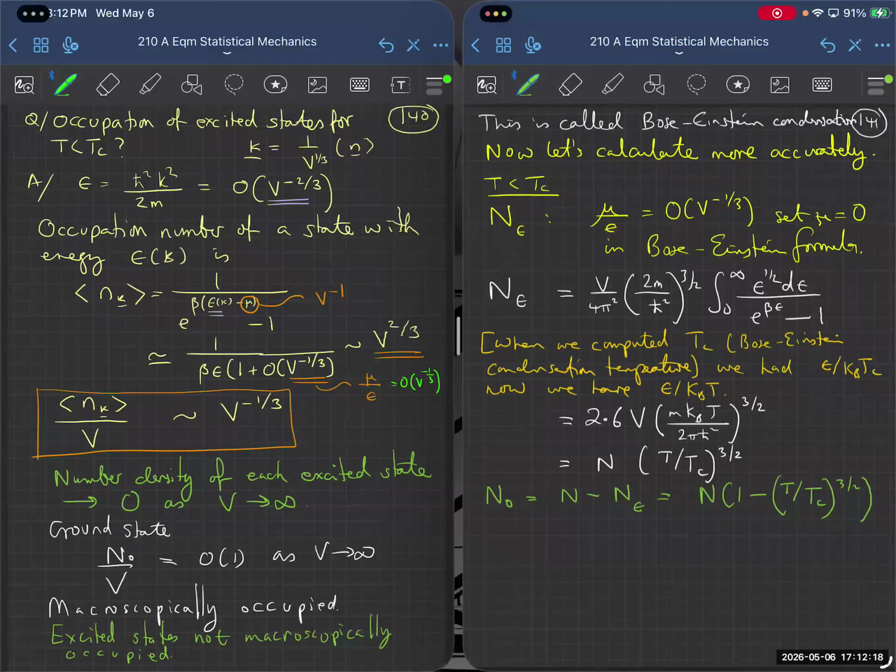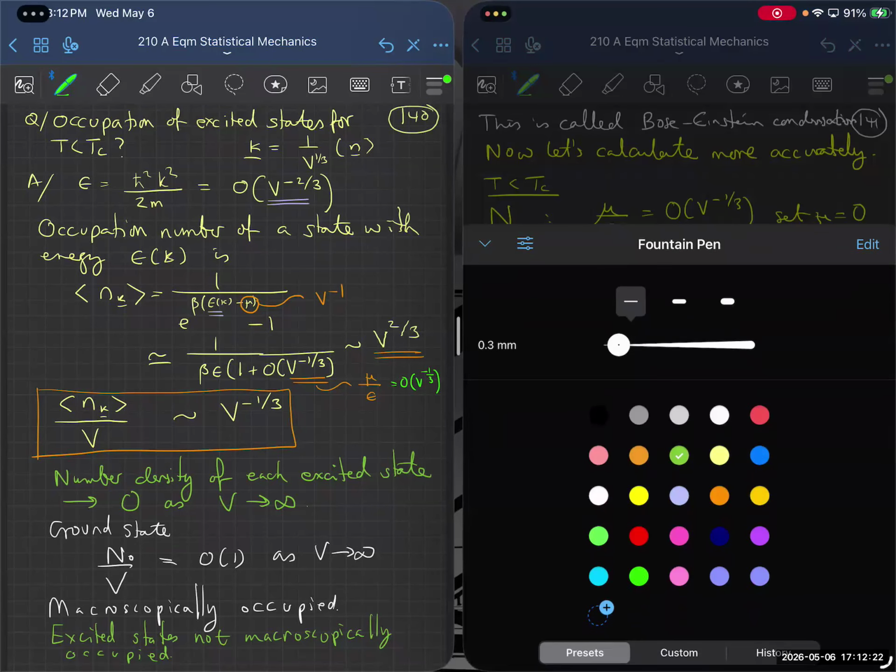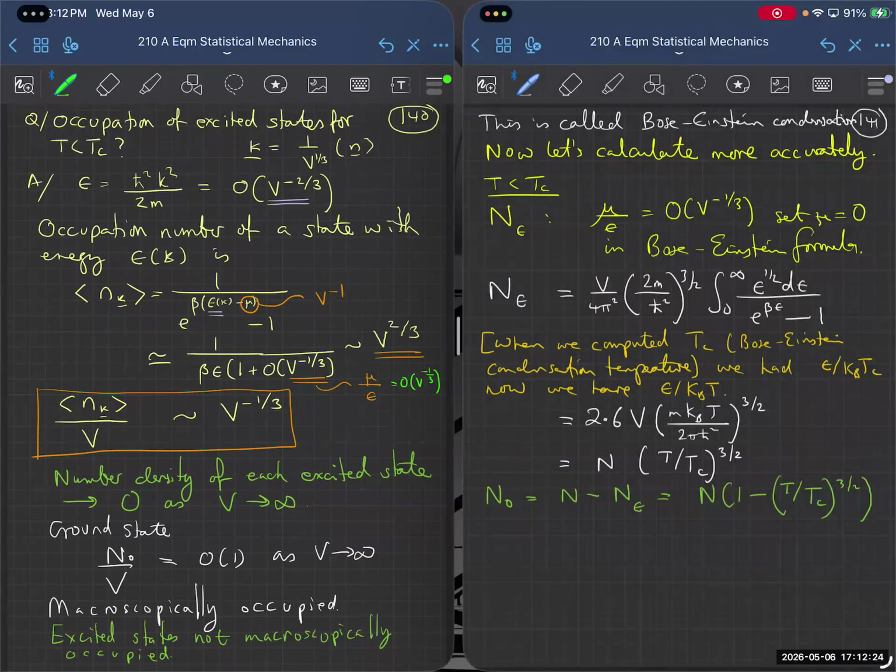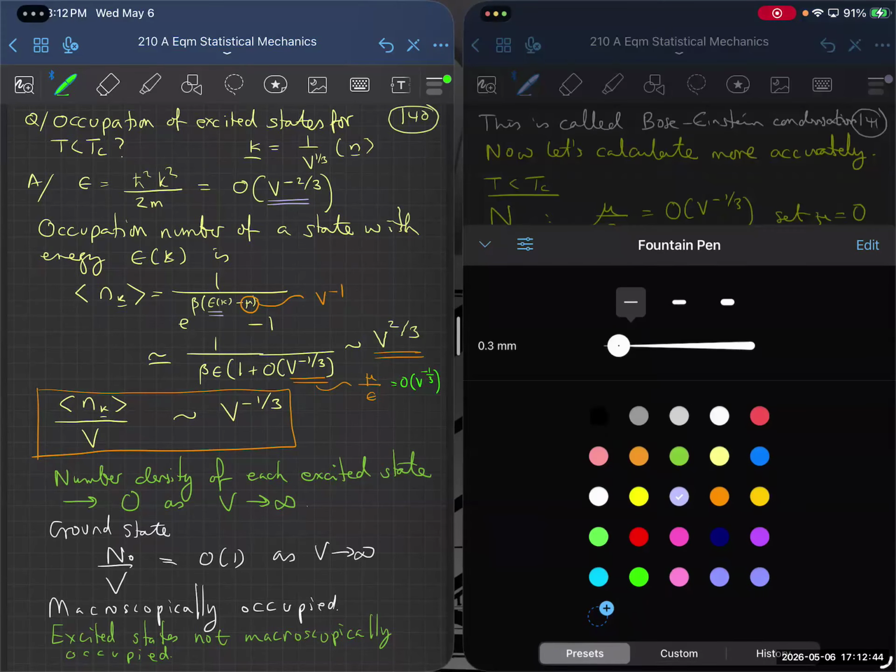And so now we've seen what happens as I go below this Bose-Einstein temperature Tc.